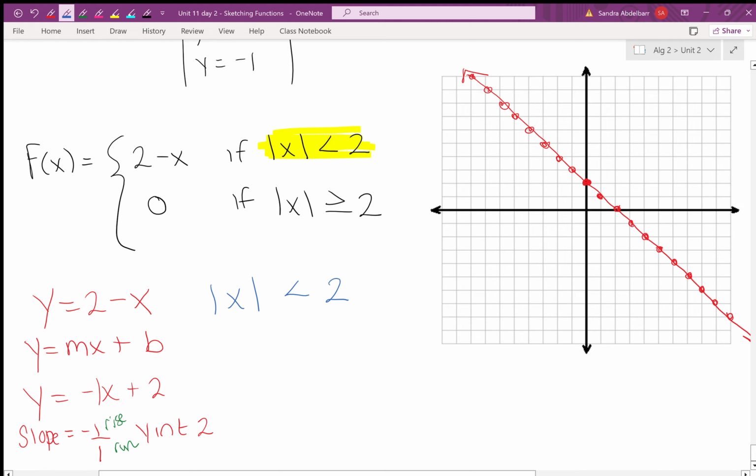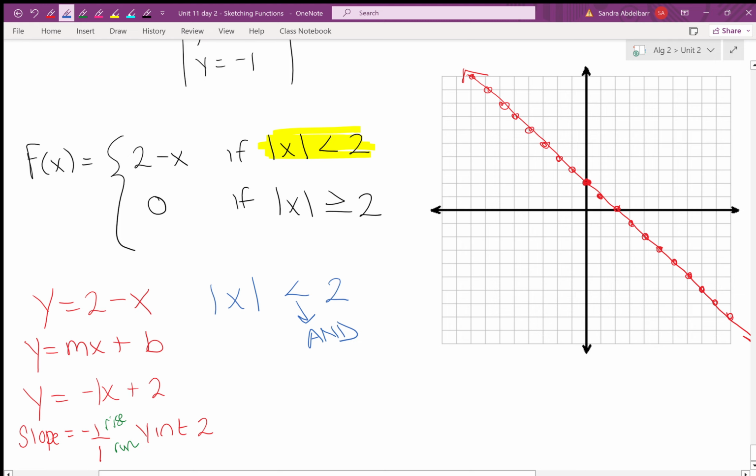We briefly touched upon this a couple of times throughout the year, but it was never very long. So whenever you have an absolute value and an inequality, if it's less than, it's an and situation. If it's greater than, it's an or situation. What do I mean?